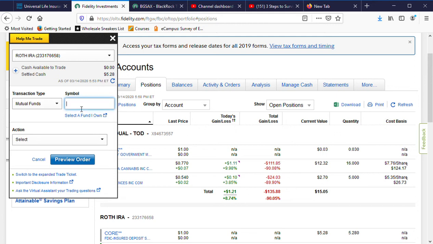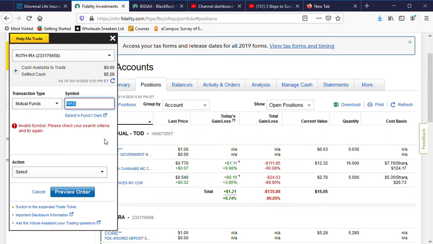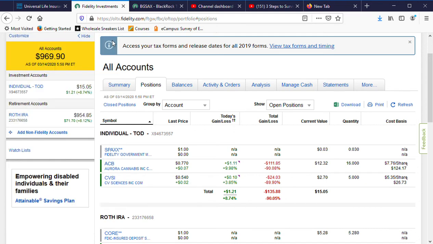And then if you have a symbol, if somebody gives you a ticker symbol and tells you to take a look at it, you can enter that ticker symbol here, and then hit select and then preview order. So it'll be the same way. And then it'll go through that for you.